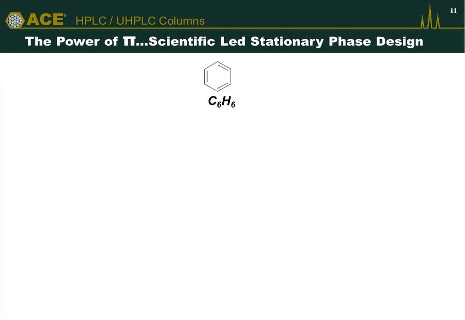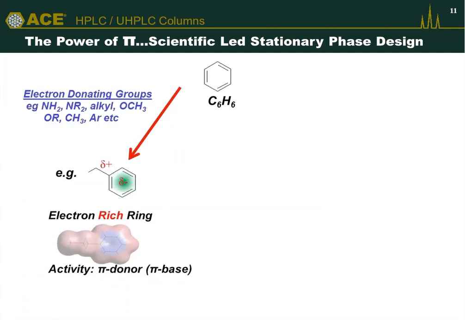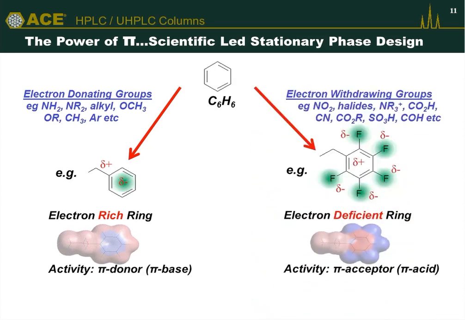So let me show you that in pictures. So here we have a simple benzene or simple ring system, and if we substitute that ring system with electron donating groups, and I've written some on the slide there, and I'm using a phenyl group as an example, you can see we have a weakly electronegative ring system with a weak dipole across that ring. And we can compare that to if we substitute onto the ring electron withdrawing groups, such as the very electronegative fluorine.